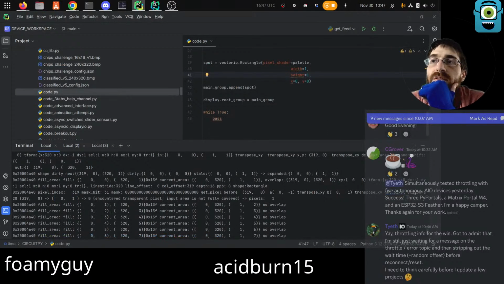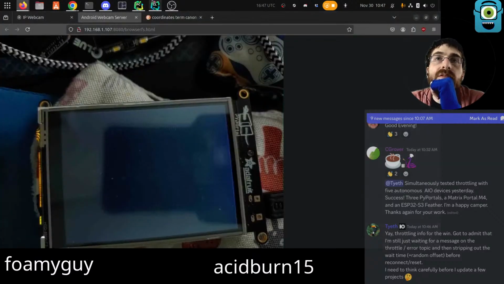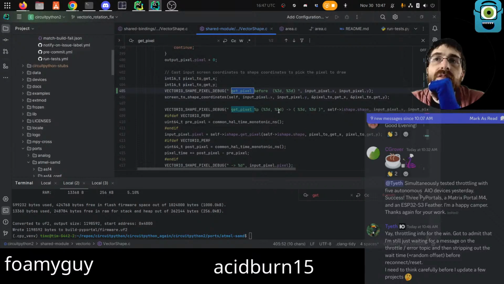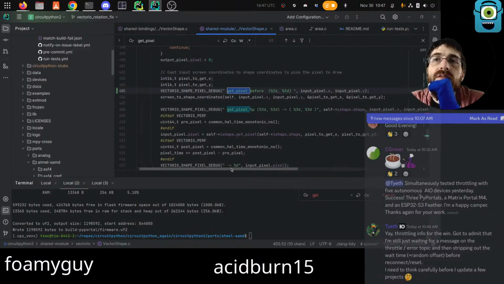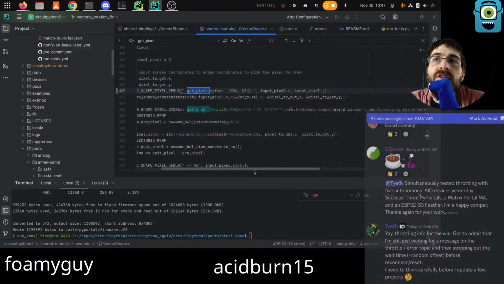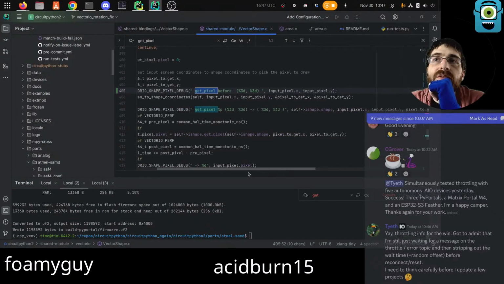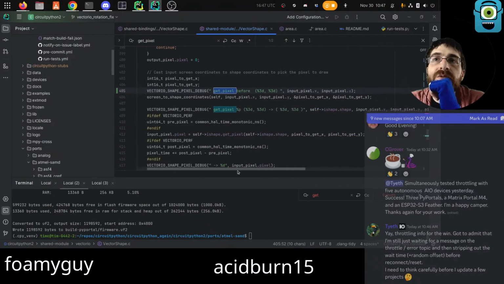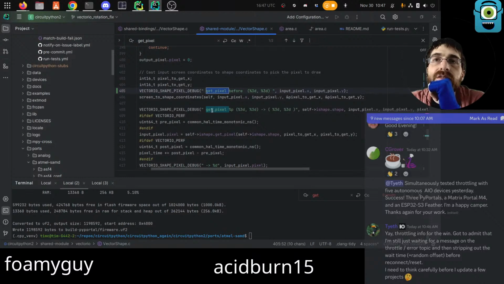So get pixel, some kind of hex thing, one value, and then arrow another value. So in my head, this feels like input output, but yeah, it is input. It says input and then pixel to get. Get pixel.